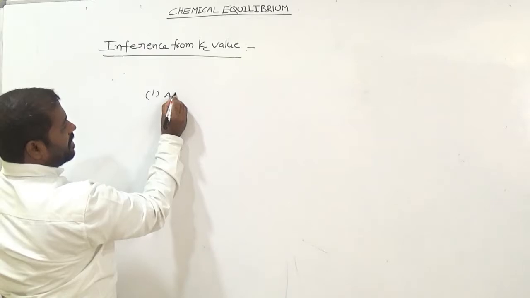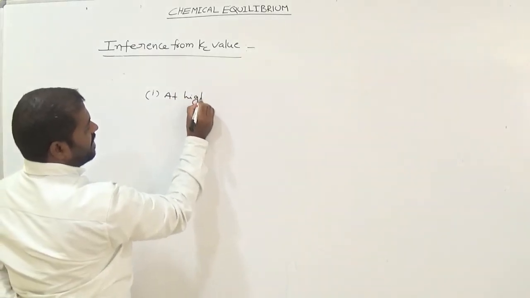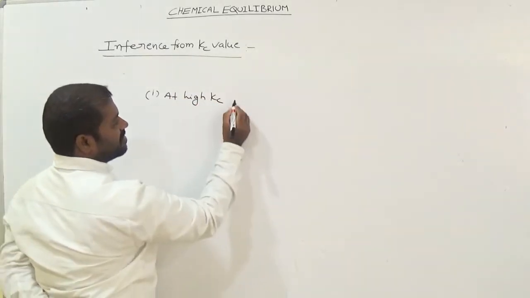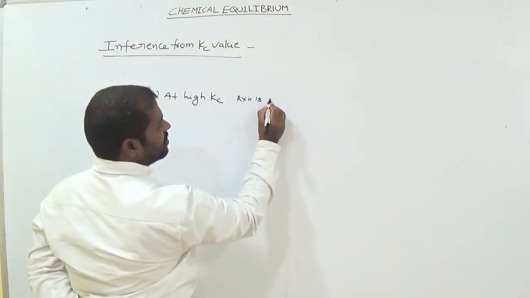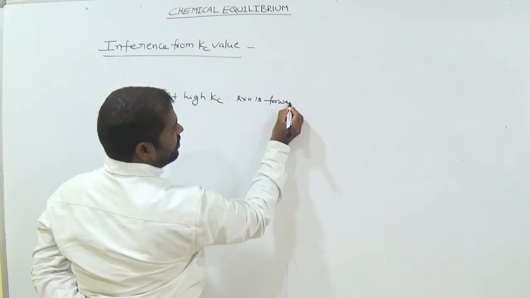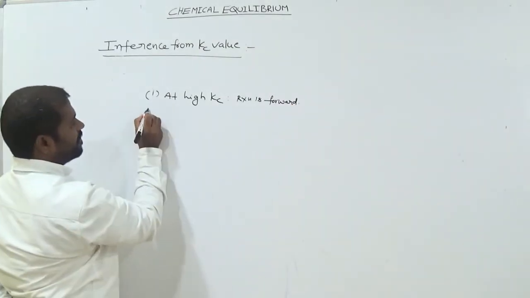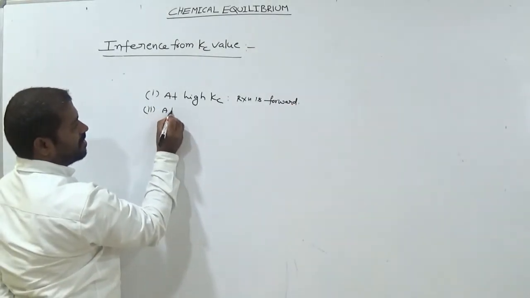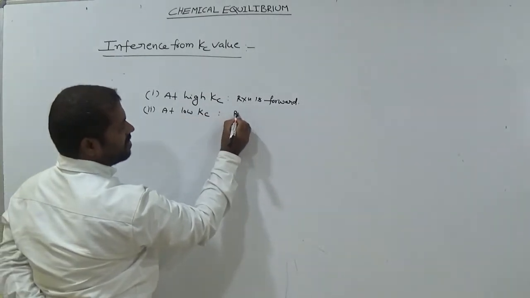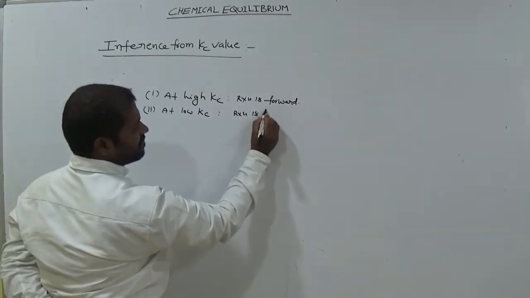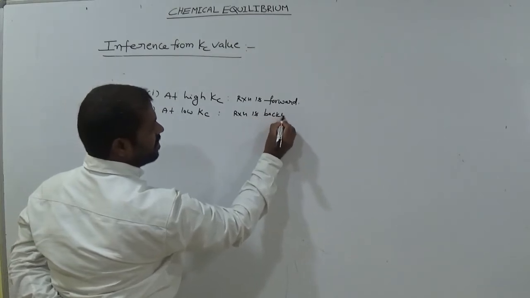Simply, at high Kc the reaction is forward. At low Kc the reaction is reversible or backward.